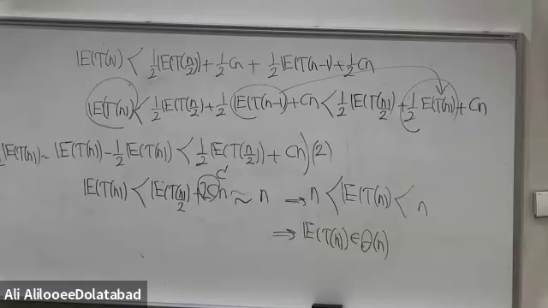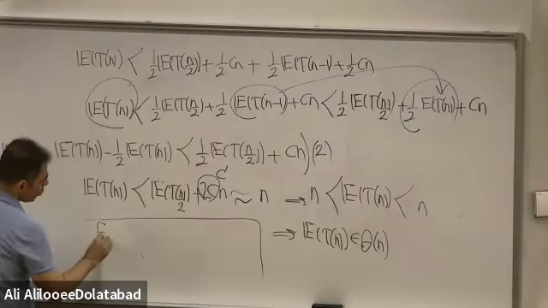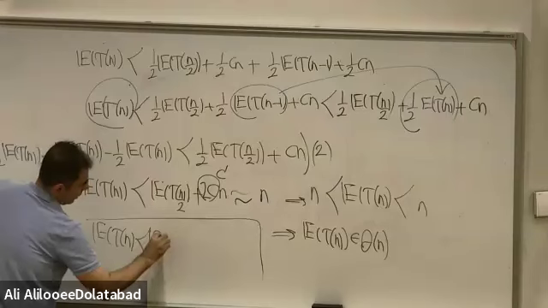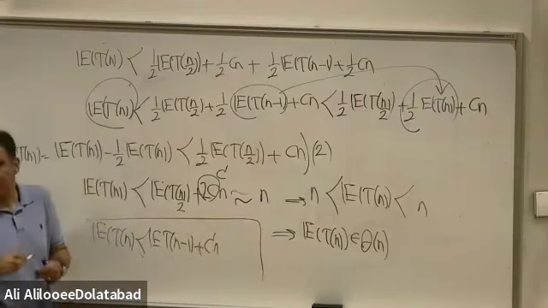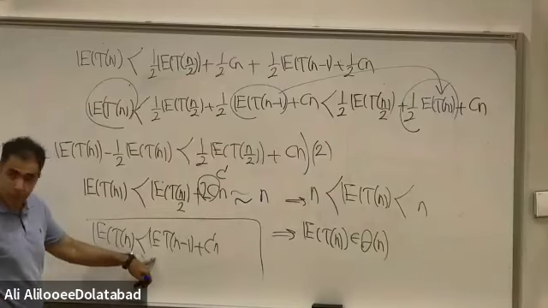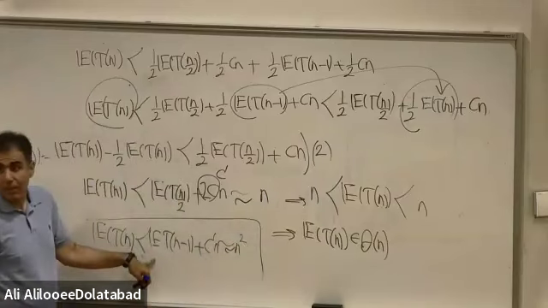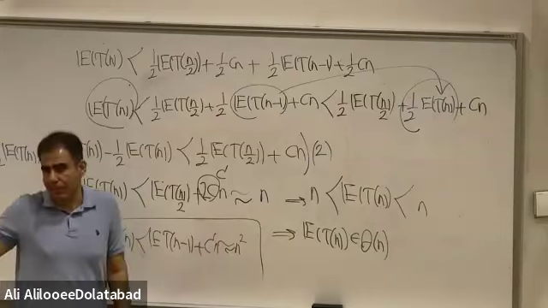If we follow the technique that you are suggesting, we will reach this inequality: E of T of n less than E of T of n minus 1 plus C prime n. Asymptotically, this is the same as n squared. And look, this upper bound is not new, because we already know that it is less than n squared.